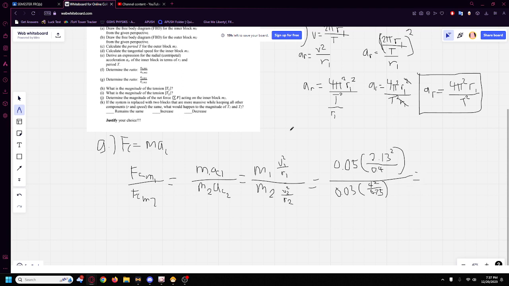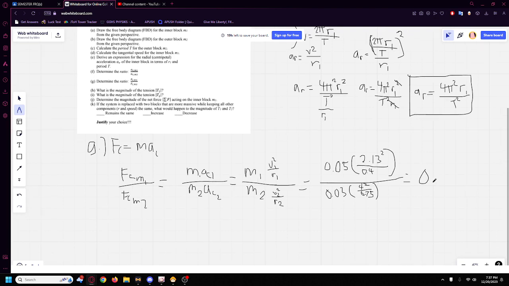And after you plug this in your calculator, you get 0.886 as the ratio between FCM1 and FCM2.